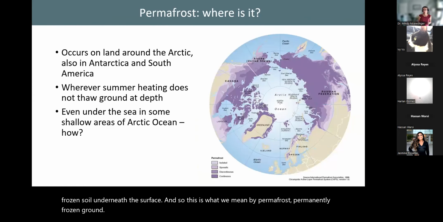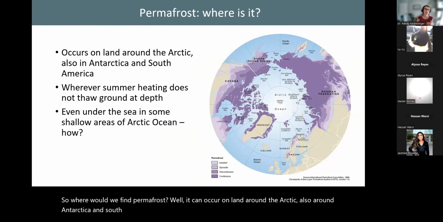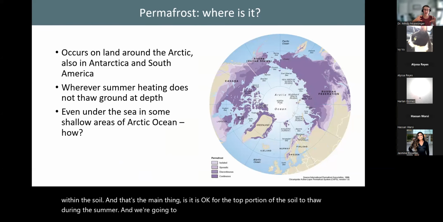So where would we find permafrost? Well, it can occur on land around the Arctic, also around Antarctica and South America, in places wherever the summer heating is not getting deep within the soil. That's the main thing: it is okay for the top portion of the soil to thaw during the summer, and we're going to talk about that active layer.